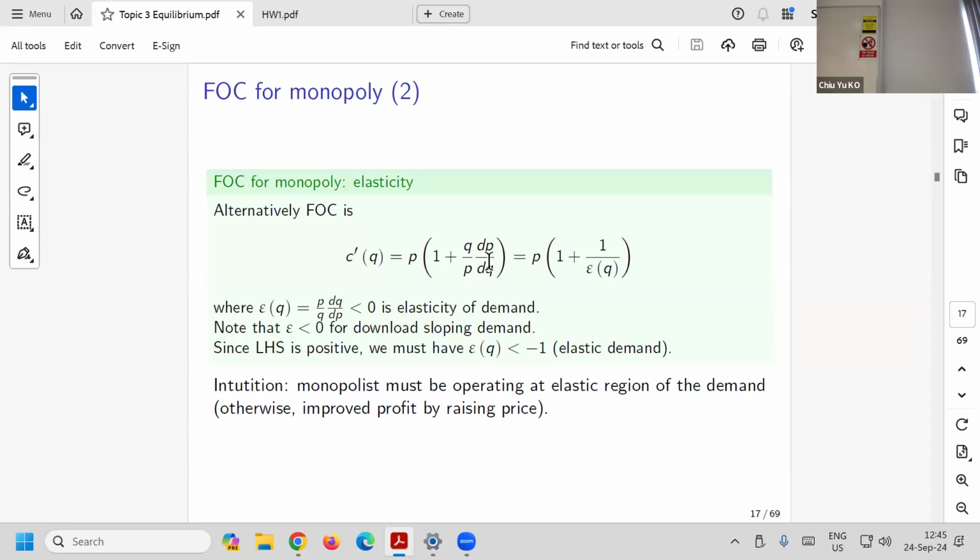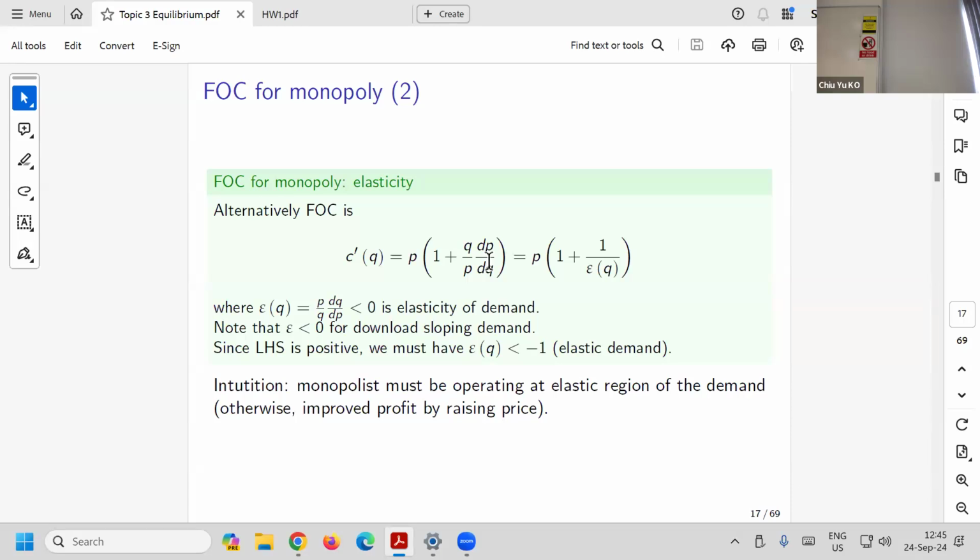But what does that mean? This is a positive number, so the whole thing has to be positive. So this is negative, and this negative number cannot be less than 1, because the whole thing will be negative.